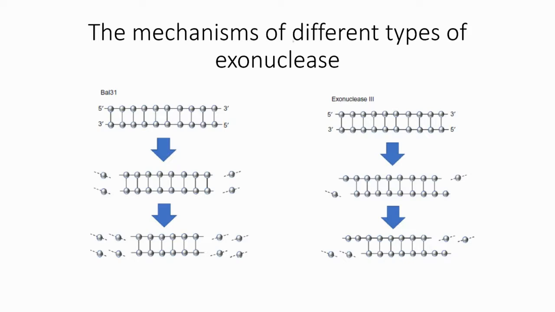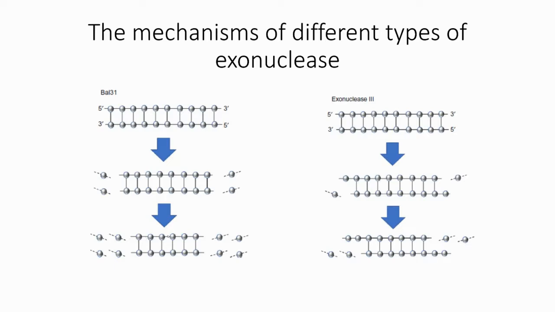For the exonuclease, there are two different typical exonucleases. The first one we call BAL31. BAL31 can degrade both the 5' and 3' ends of double-stranded DNA. That's why you see that BAL31 can degrade both 5' and 3' on both ends of the DNA molecule and then progressively go inside.